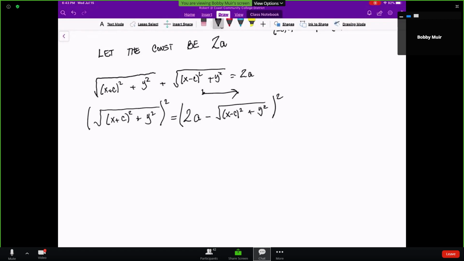So this is going to give us x squared plus 2cx plus c squared plus y squared equals, now I'm going to square that thing out first, okay? x squared minus 2cx plus c squared plus y squared. Then there's a 4a squared, and then there's a minus 4a radical, all that junk.